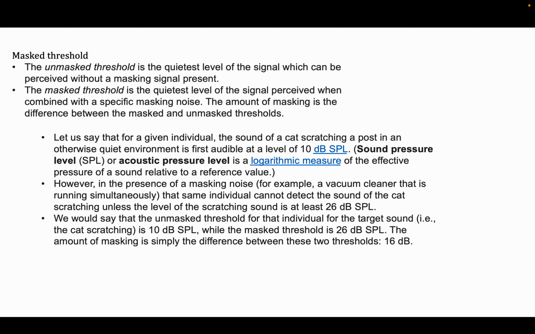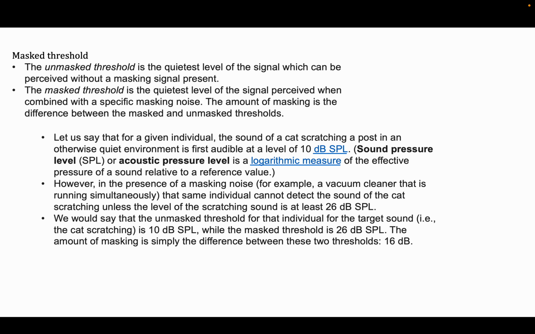So for example, let's say you're sitting at home and you hear your cat scratching at a scratching post. If it's an otherwise quiet environment, so there's no other noise, for average people, the first audible sound is 10 dB sound pressure level. Remember, sound pressure level is just a logarithmic measure of the effective pressure of a sound relative to a reference value, so 10 dB SPL.